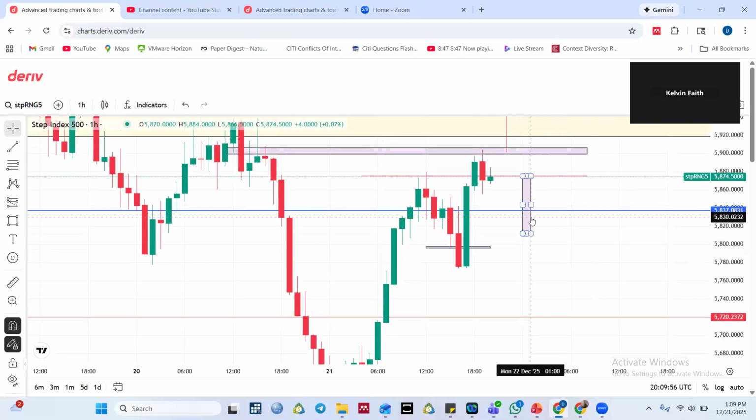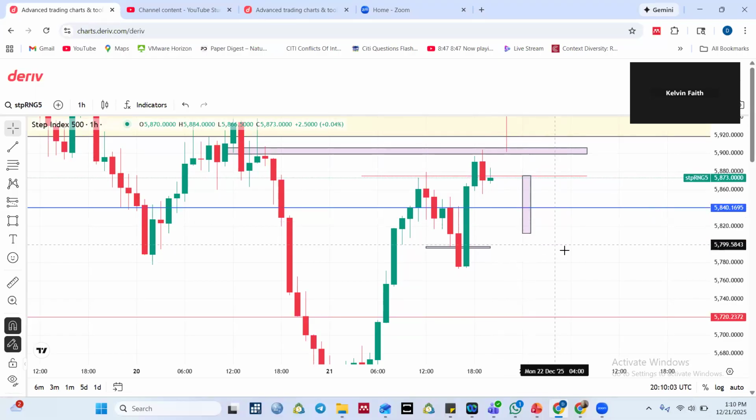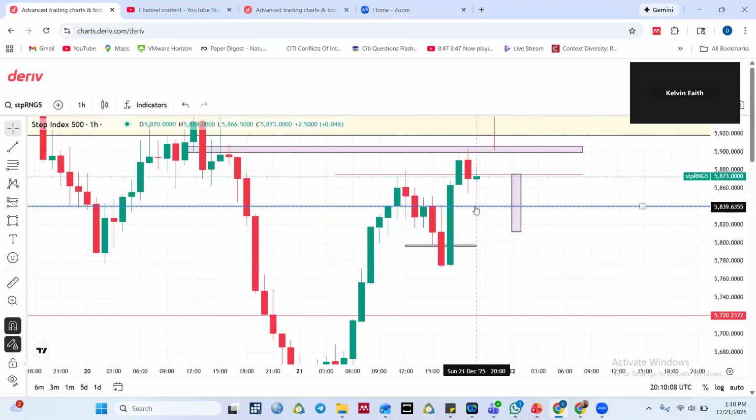Okay, so this is what I'll be looking for to be fully convinced or have the confirmation that this market is going to sell. If it doesn't do this, it means it will not.